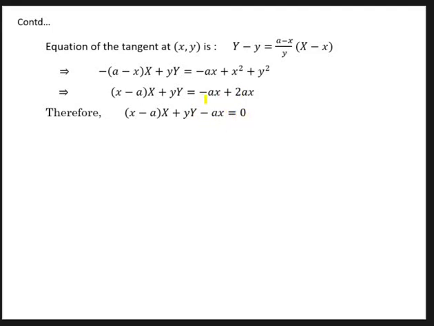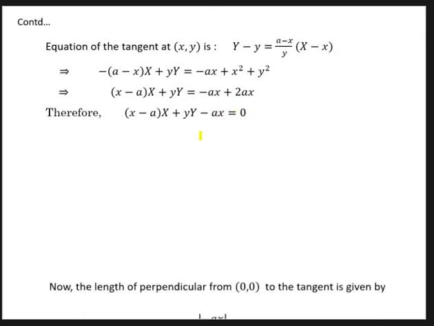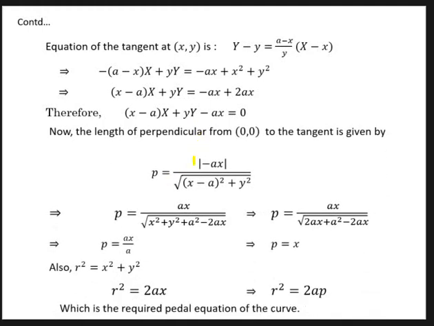2ax minus ax is ax. When you transfer ax to this side, that is minus ax. Now the length of the perpendicular is p is equal to modulus of minus ax by root of x minus a whole square plus y square, because the coefficient of capital X is x minus a and the coefficient of capital Y is small y.